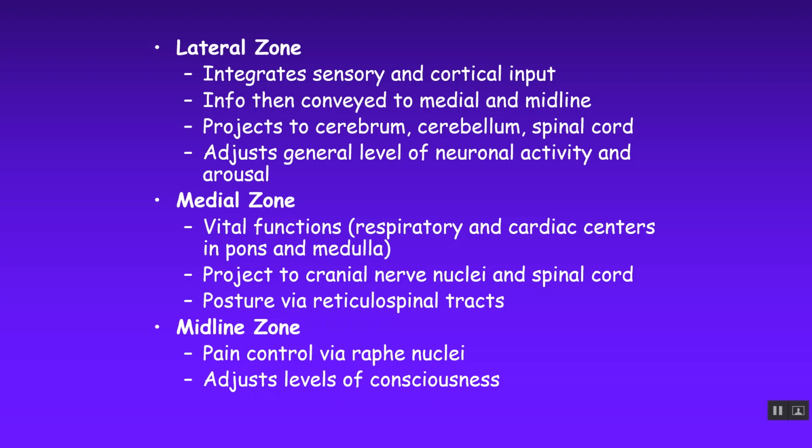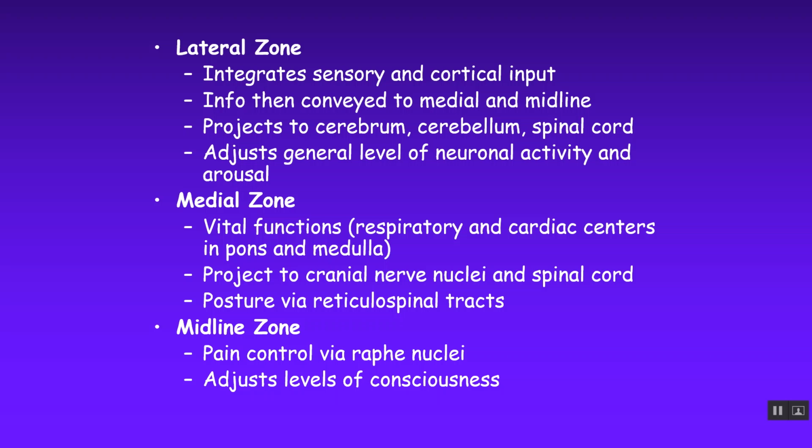Okay, that information is then conveyed to the medial and midline zones to say, hey, let's do something about this. So if you've got a lot of pain coming up from pain receptors, and some of that stops in the brainstem, some of those spinothalamic pathways, they don't all go up to your cerebrum. Most of them do, but some of them stop in the brainstem. They'll stop in that lateral zone.